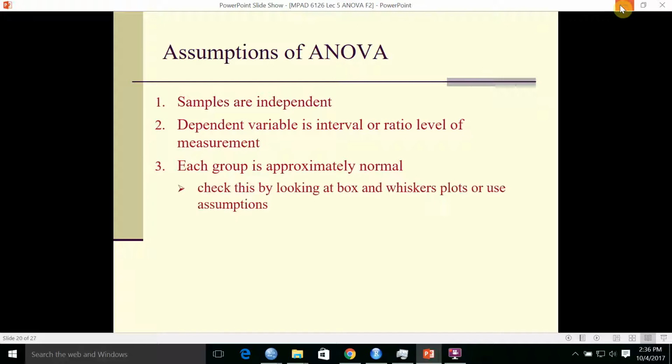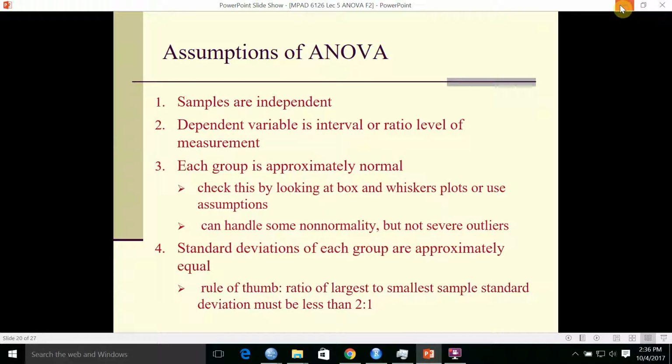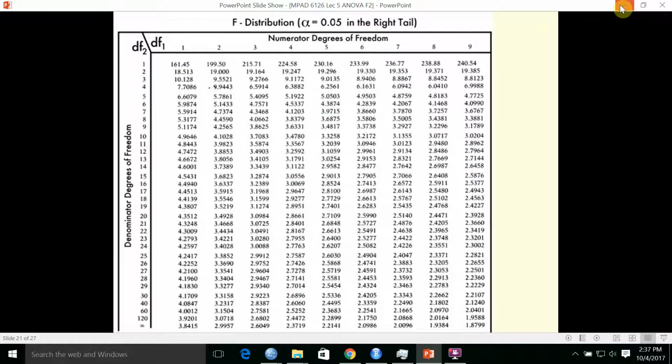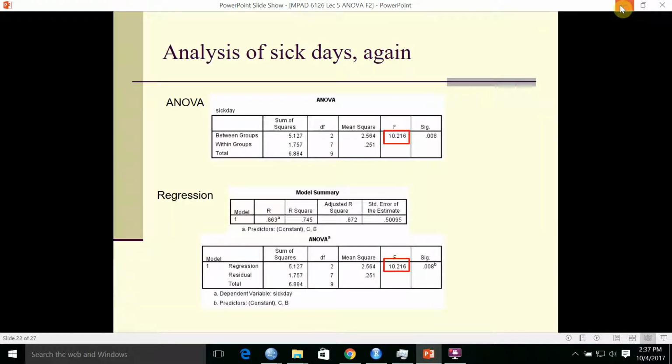It's easier when we're doing this in SPSS to check these assumptions, because you can just run summary tables and check these things as you're going along. Again, here is the F table with the numerator degrees of freedom on the top, and down the left side the denominator degrees of freedom. I had that earlier.